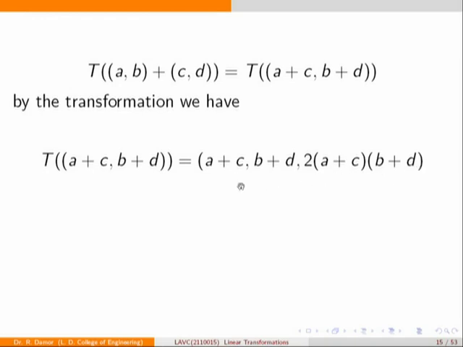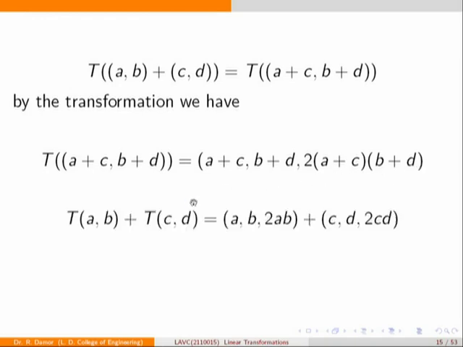Now I can simplify this, so it can be written as (a plus c, b plus d, 2 times the product expanded as ab, ad, bc, bd). Okay. Now what I have to check is T of (a, b) plus T of (c, d).